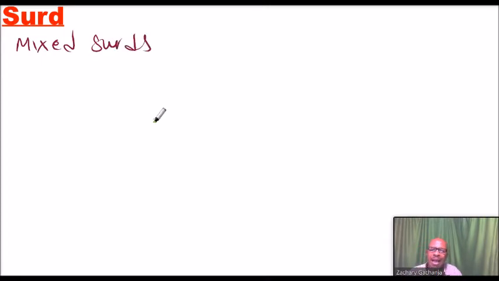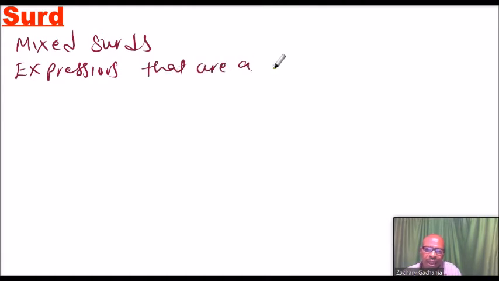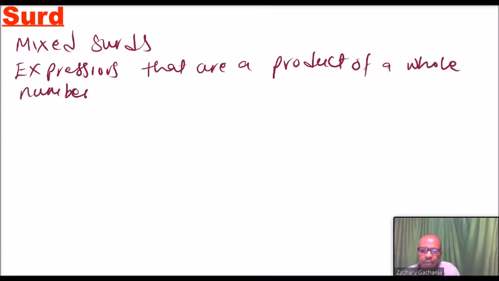Now we know surds are those numbers whose exact square root or cube root we cannot get. Mixed surds are expressions that are a product of a whole number and a surd.